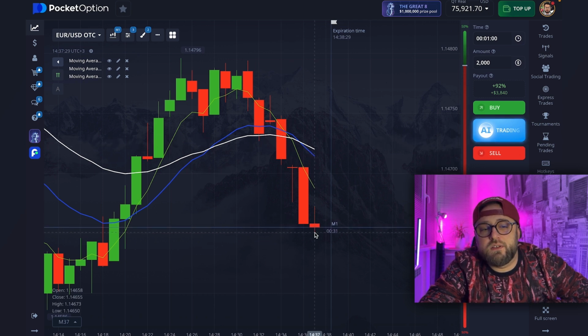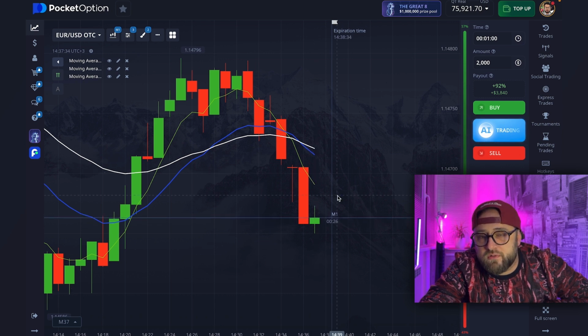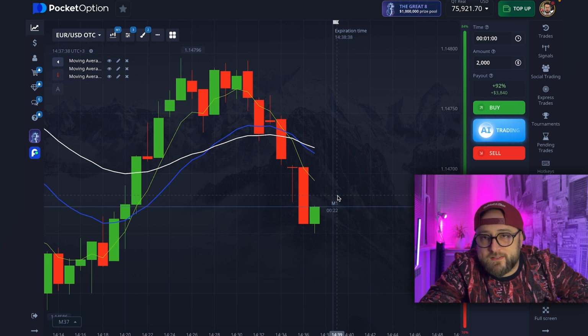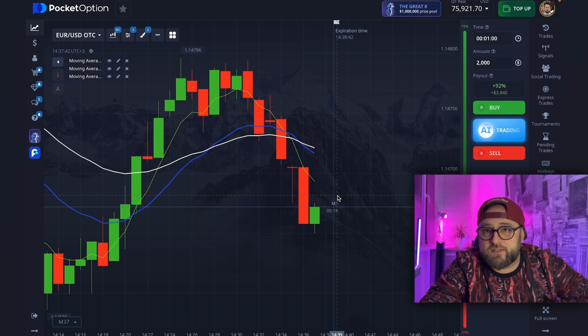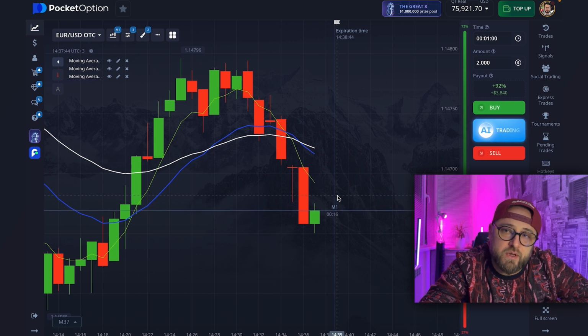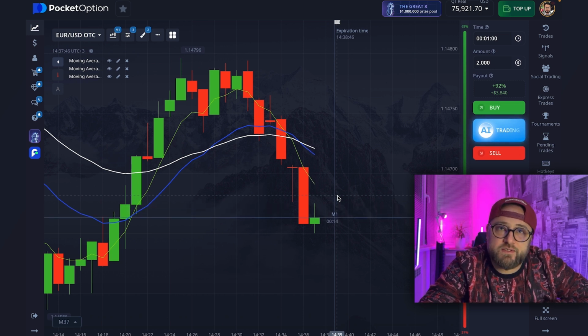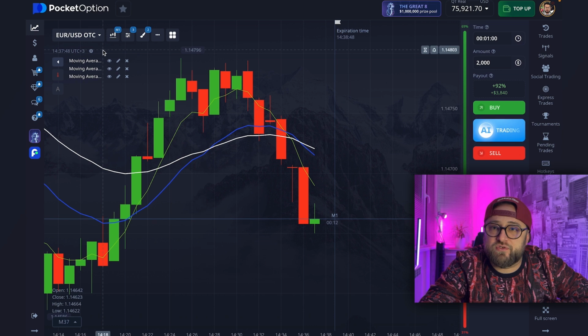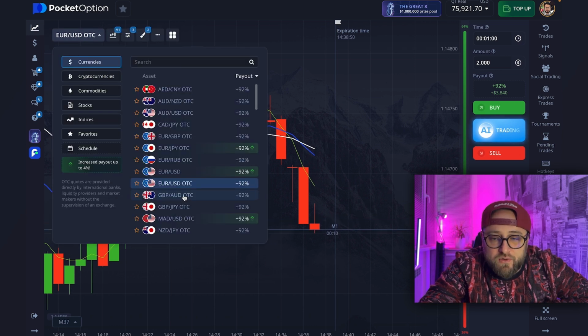For example, we see this orange candle. It just broke out. And now we see the green one forming. Actually, it can be a good trade if this green will be strong. But let's go next.